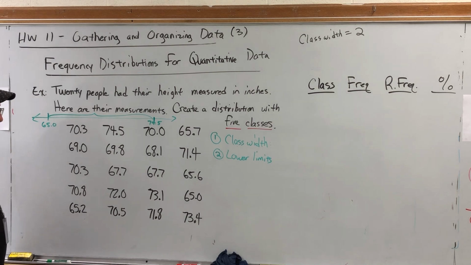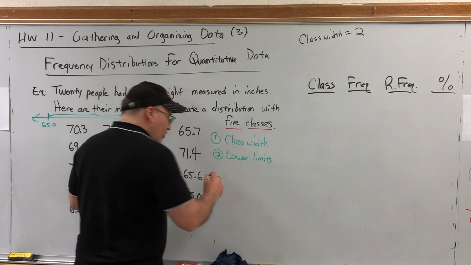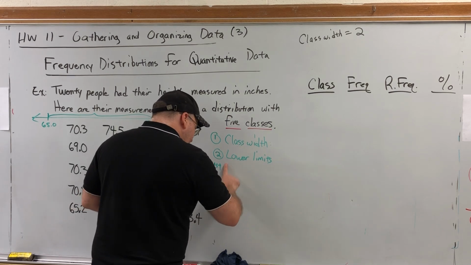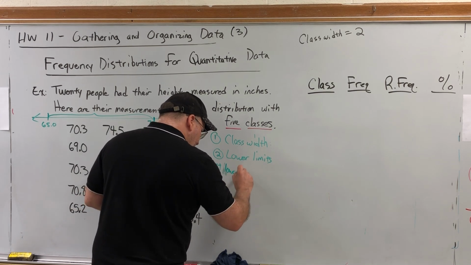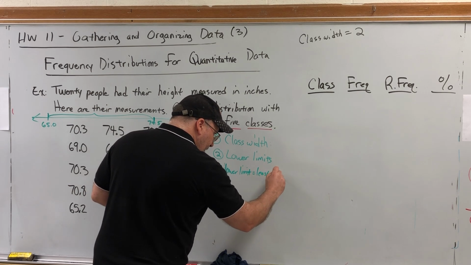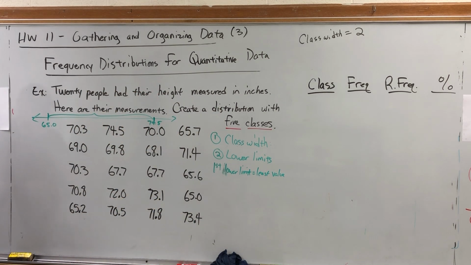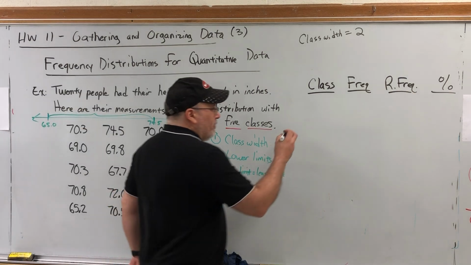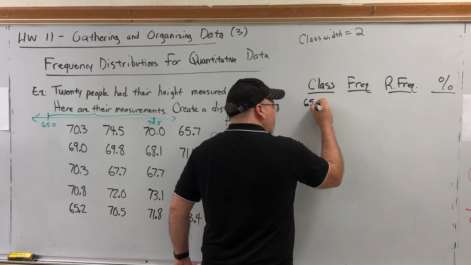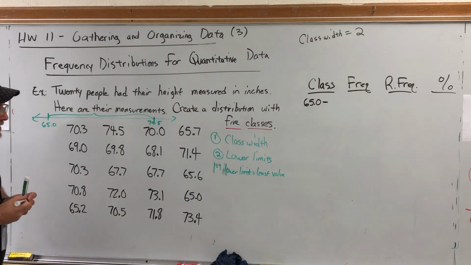The first lower limit should equal the least value. So our lowest value is 65, which means our first class is going to start with 65.0 and go through a certain amount. Now we'll close that class in a minute, but first let's build our 5 classes' lower limits.